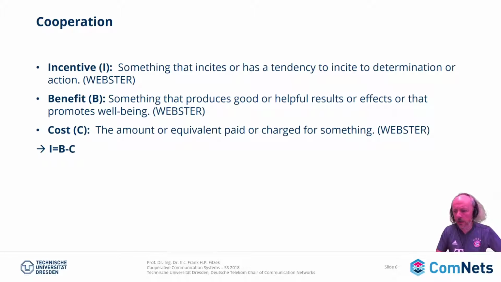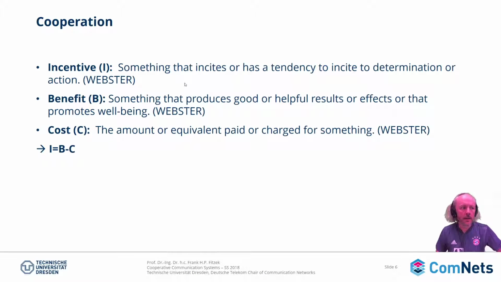When we talk about cooperation, you have to show mainly two things to a device in order to undergo cooperation or not. One is the incentive, which in Webster is defined as something that incites or has a tendency to incite to determination or action. And you need the benefit, something that produces good or helpful results or effects or that promotes well-being.